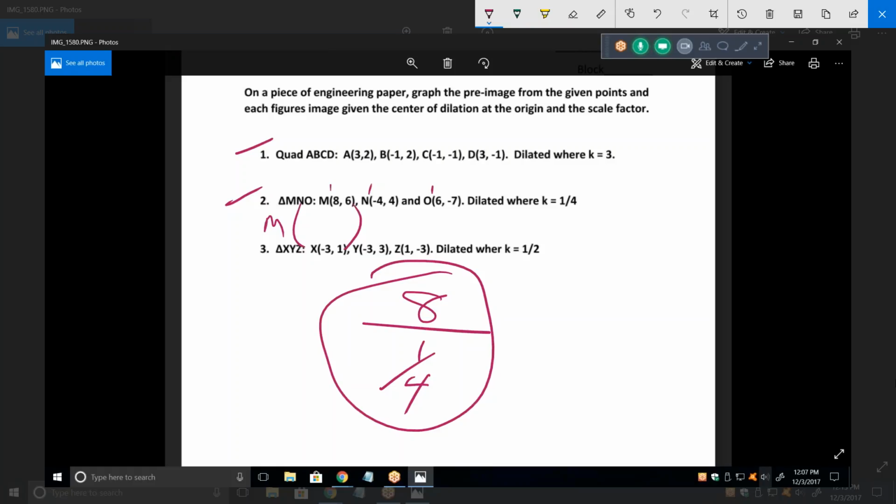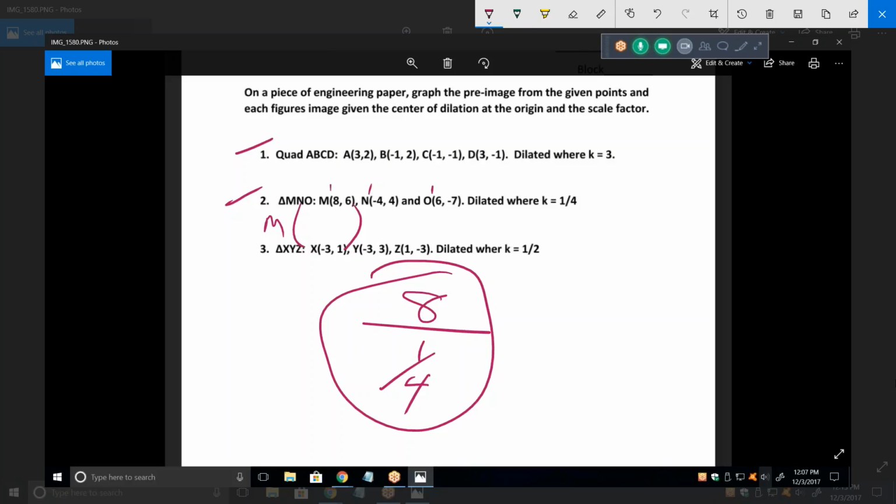I just forgot how to do it. Okay. When you divide by a fraction, you flip the denominator and multiply. One of the most fundamental rules of algebra. When you are dividing by a fraction, you flip the bottom and multiply. So what is 8 divided by 1/4?